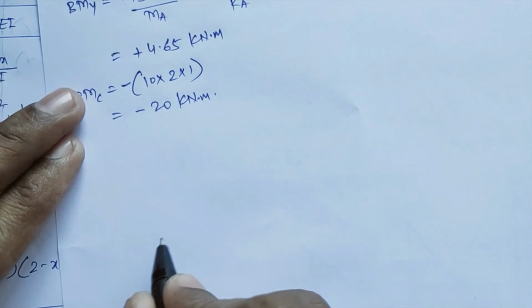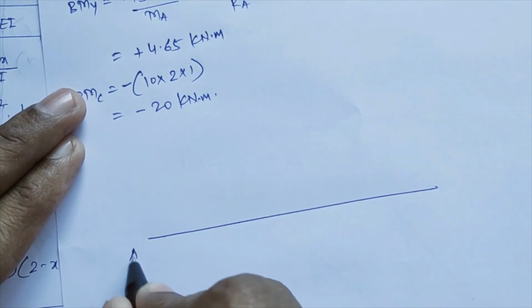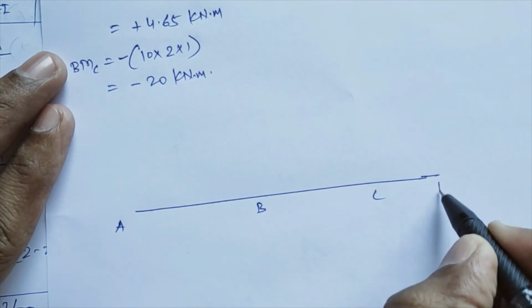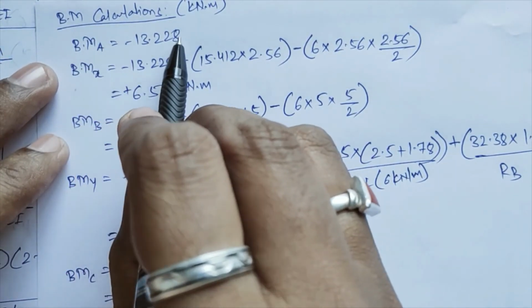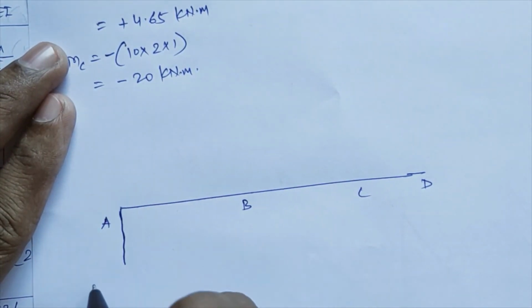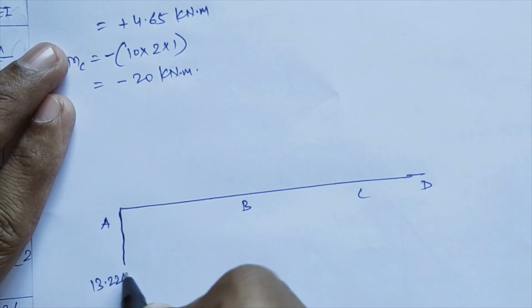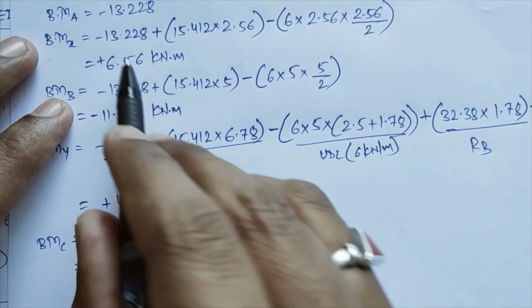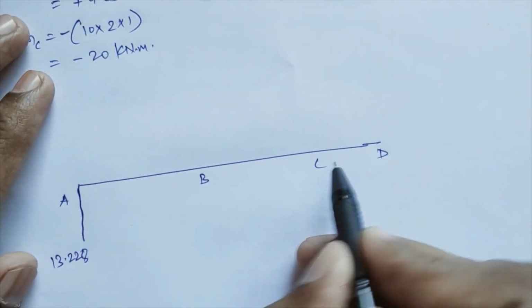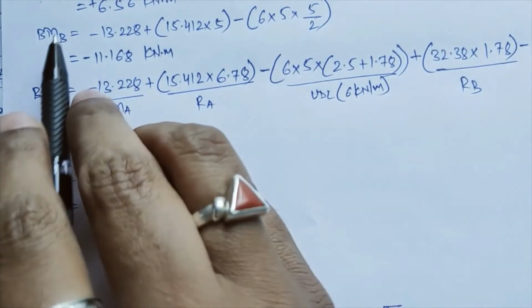Now what I'll do, I'll plot my bending moment diagram. Point A, B, C, and here it is point D over there. At point A, I am having value minus 13.228. Okay, next at point X, I am having that as 6.56, but I'll first plot at the support points over there.